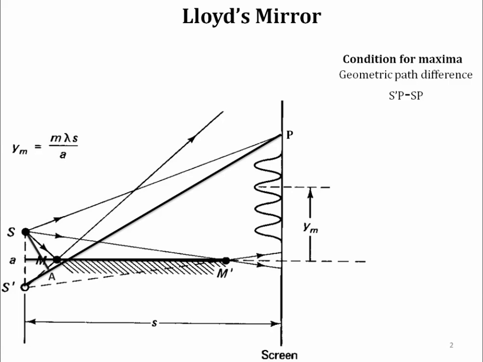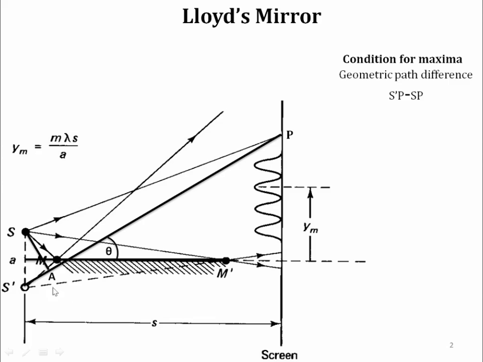To do this, let us draw a perpendicular from S onto this line, say S dash P. Let us draw a perpendicular SA, and at the same time, let us assume that the angle which this line, S dash P, makes with the horizontal line is theta. So if this angle is theta, the angle S dash SA in this triangle will also be theta.